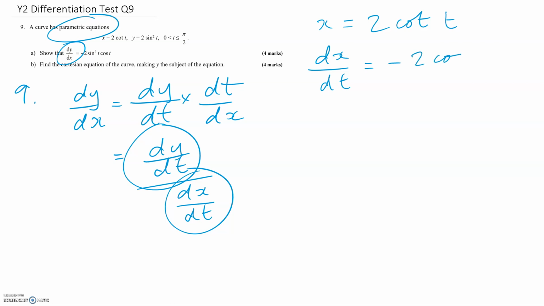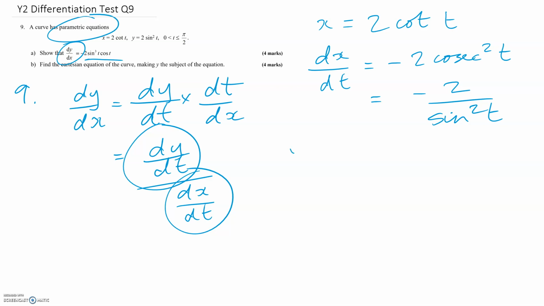So this is minus 2 cosec squared t. You can see where we need to end up. There's no cosecs in the answer, so it might be an idea just to write that as minus 2 over sine squared t. So that's dx by dt.